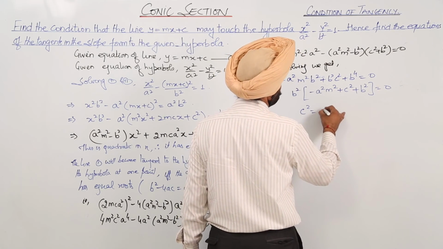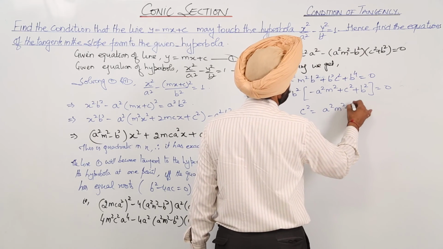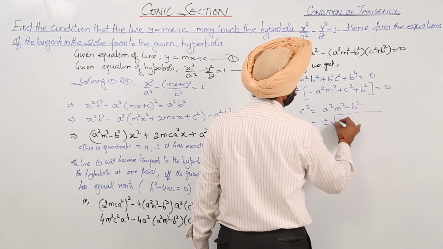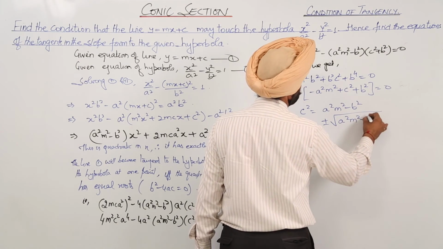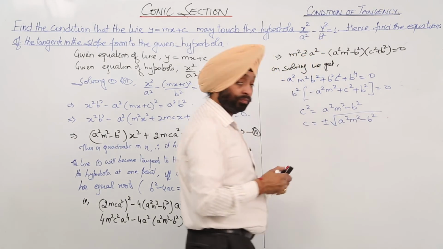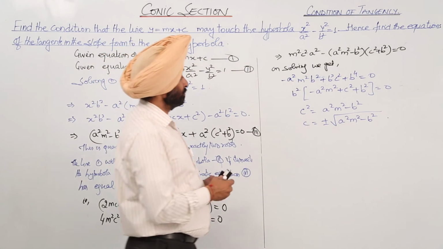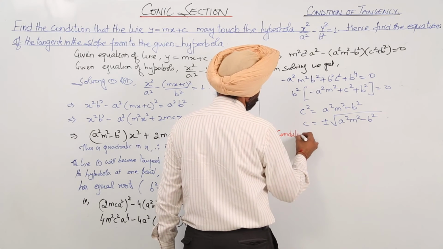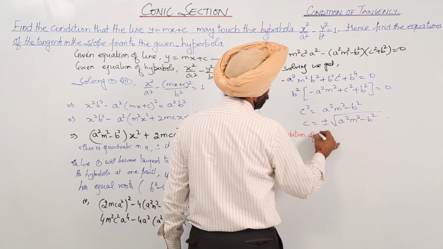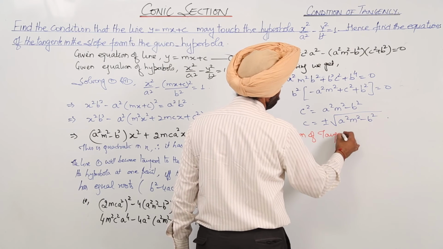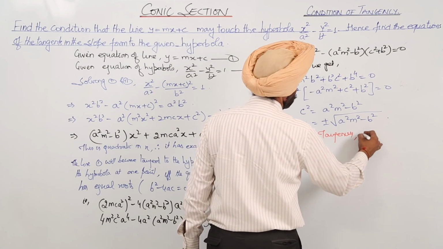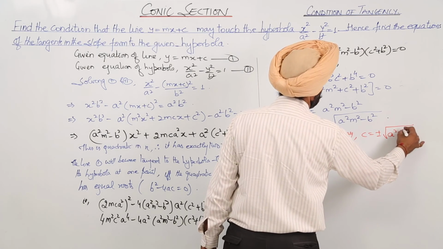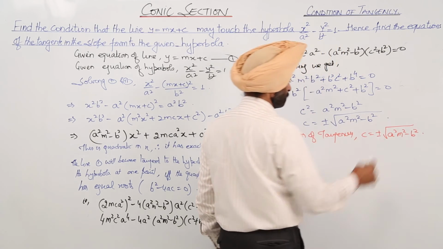C square is equal to a square m square minus b square and c is equal to plus minus square root of a square m square minus b square. So now the condition of tangency is c is equal to plus minus square root of a square m square minus b square.